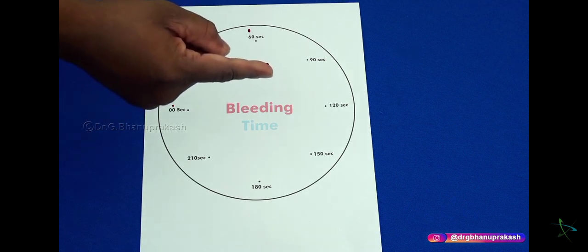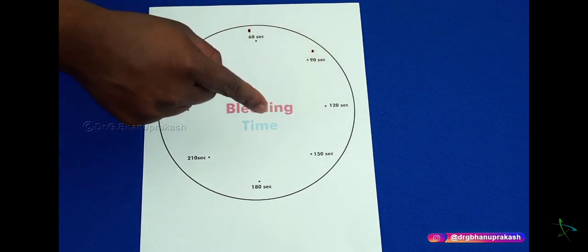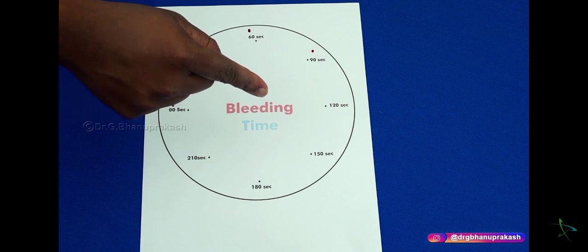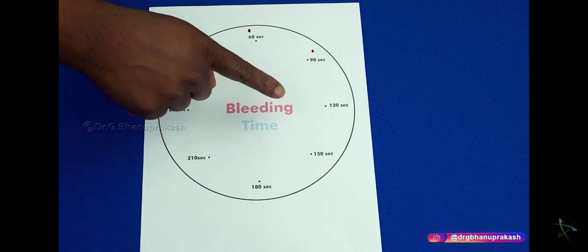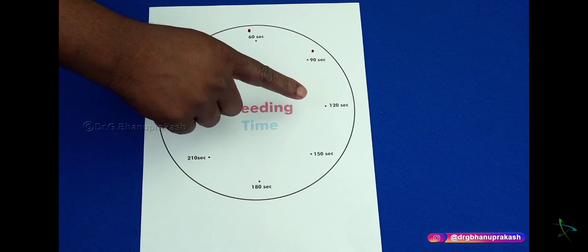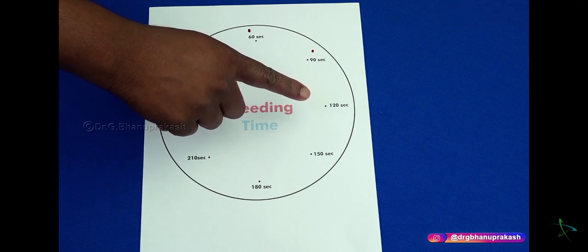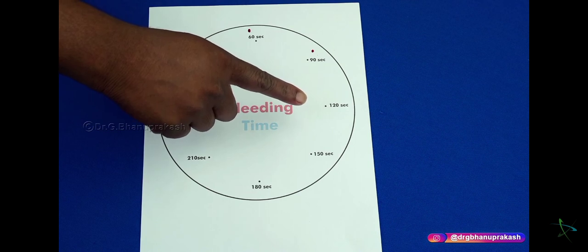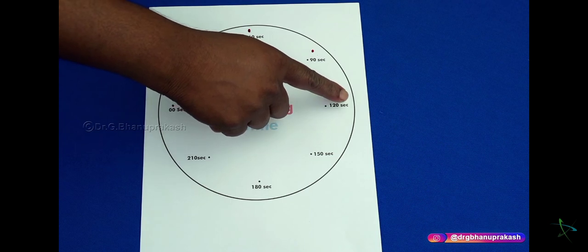Now the patient will place the next drop of blood at 90 seconds. The patient will place the next drop of blood at 120 seconds.